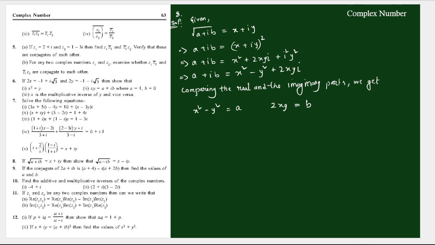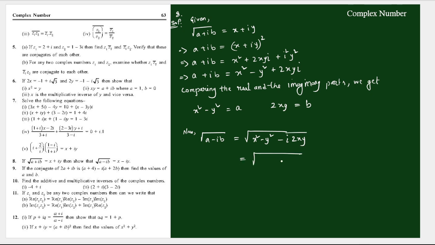अभी क्या दिखाना है हमको? Root over of a minus ib. चलो. So now root of a minus ib will be how much? a is how much? x square minus y square. b क्या है? Minus i, b क्या है? 2xy.